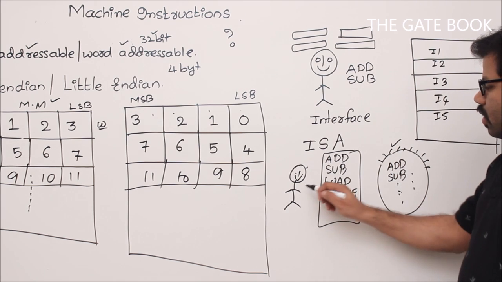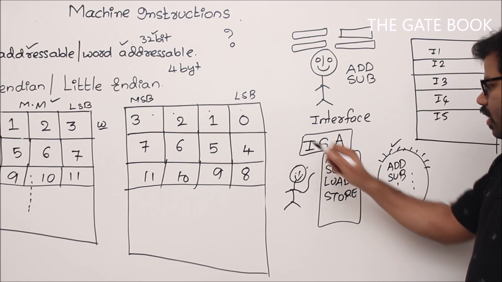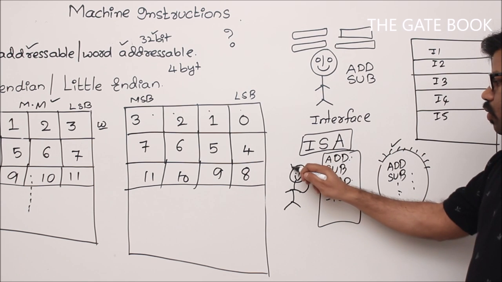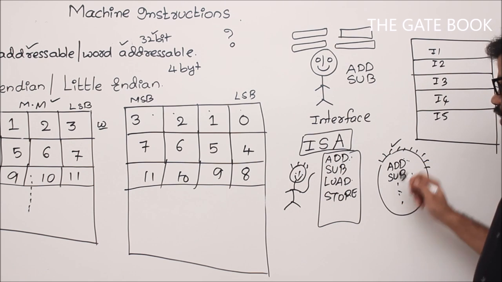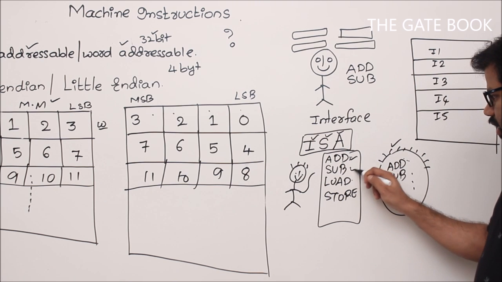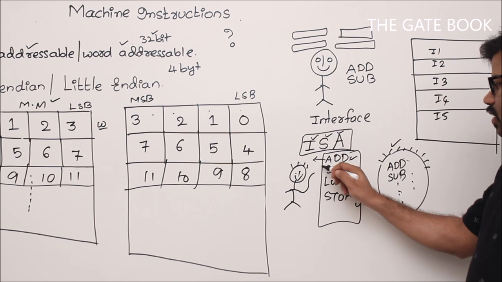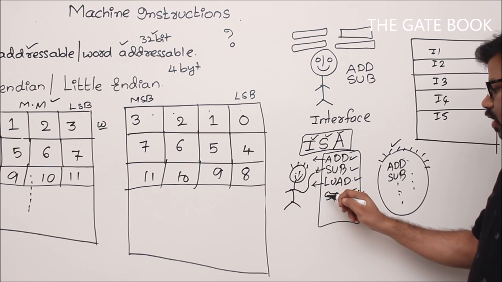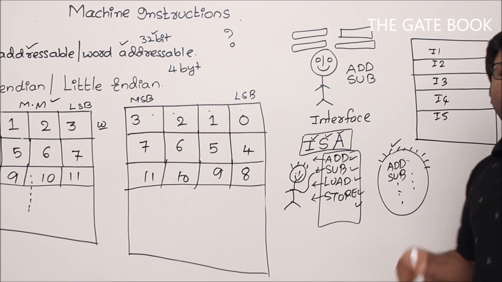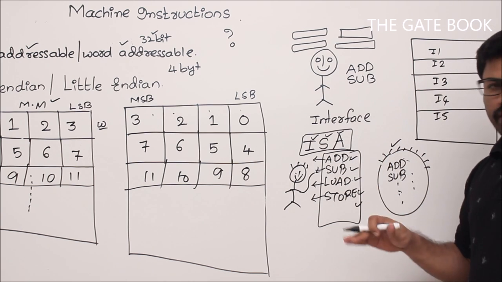So this instruction set architecture is nothing but an interface between user and computer. By studying this instruction set architecture, seeing these instructions, I can understand that my computer can do addition, subtraction, load. It also provides the syntax of the operations.